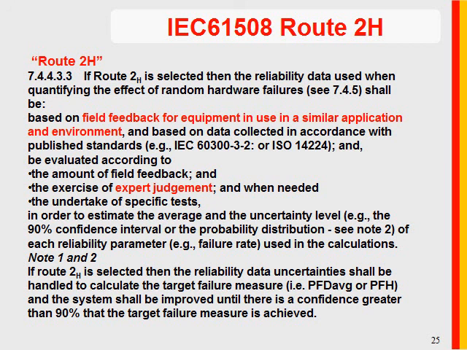So we need to make sure that when we are using data from field experience, it really applies to our specific application. It also talks about how there may be needs for some expert judgment, so we may not necessarily be able to automate all of these data evaluations.